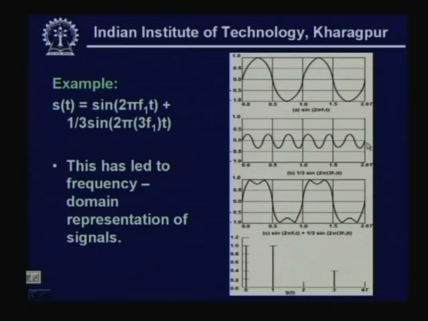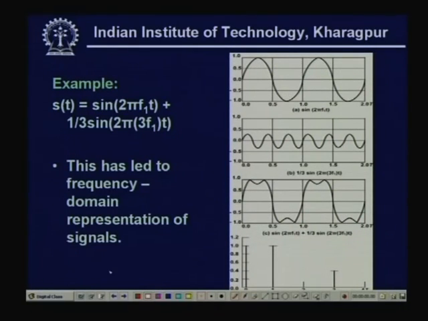Now, if these two are added, say we have sine 2 pi f1 t plus 1/3 sine 2 pi 3 f1 t, that means the amplitude is 1/3, assuming the phase is the same for both, phase is 0.